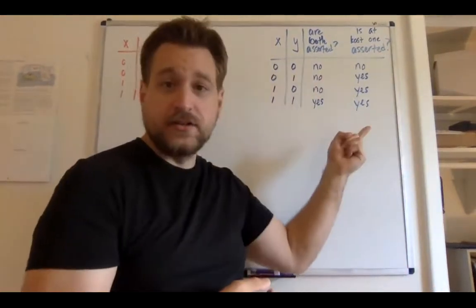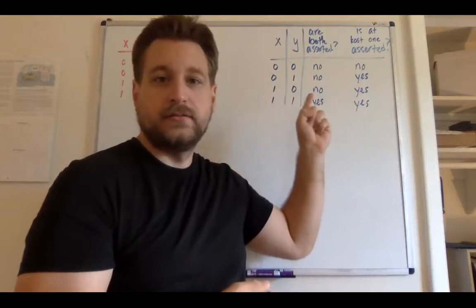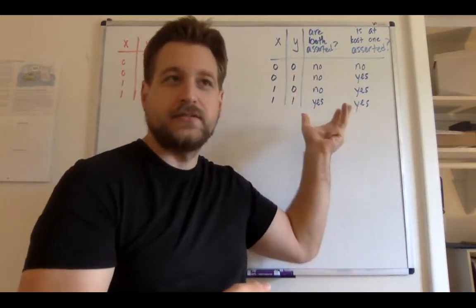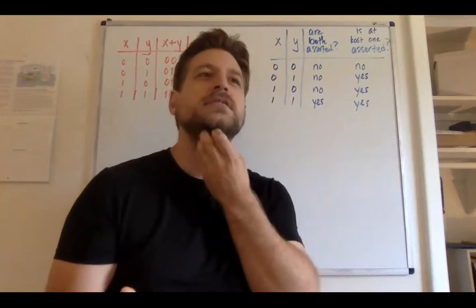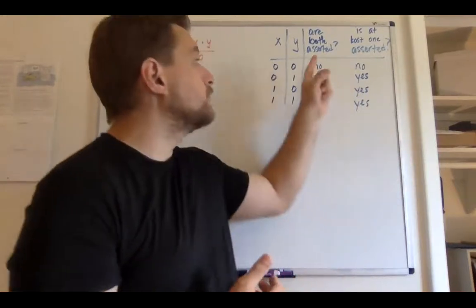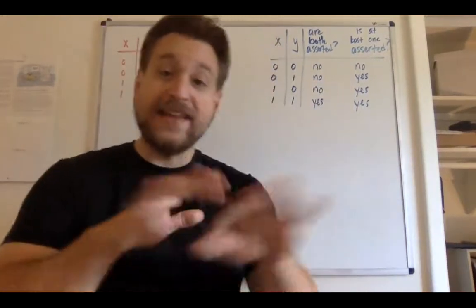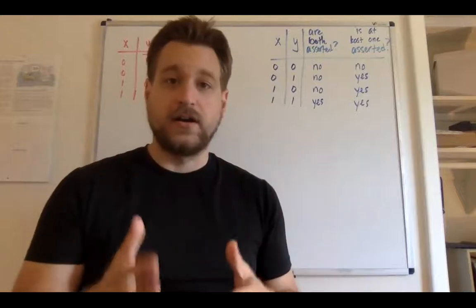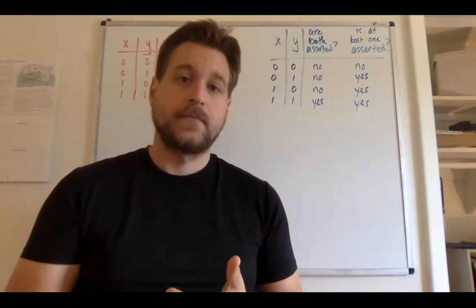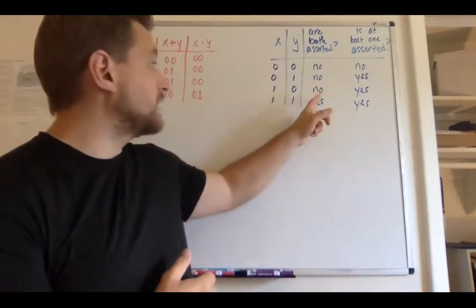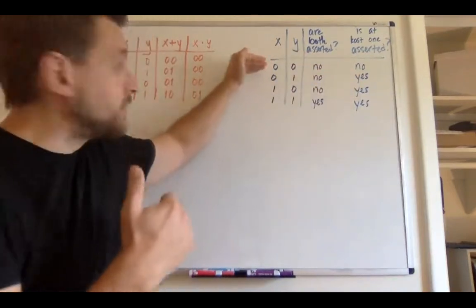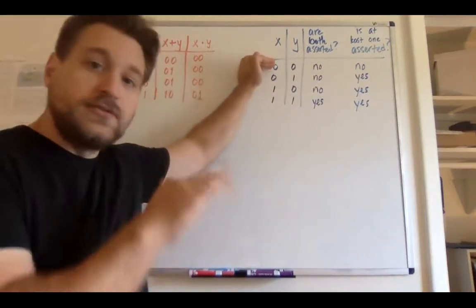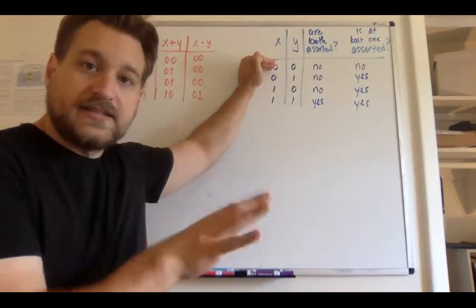And we could answer other logical questions, other yes or no questions. Like, well, we could say, okay, is it true that neither of them, that none of them are asserted? And it would look like, yes, for this state, it's true that neither has its asserted value.